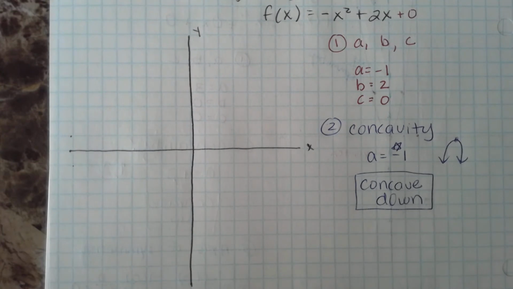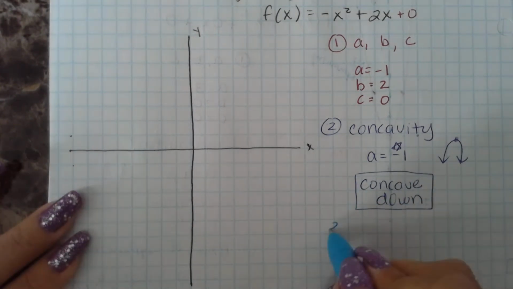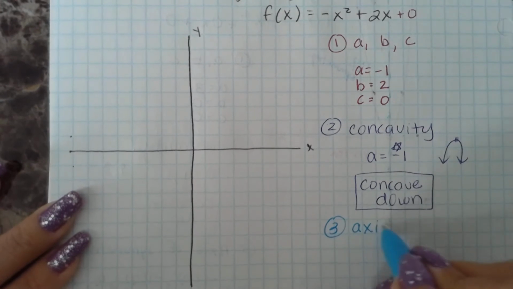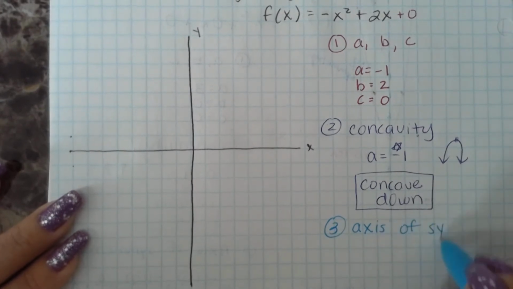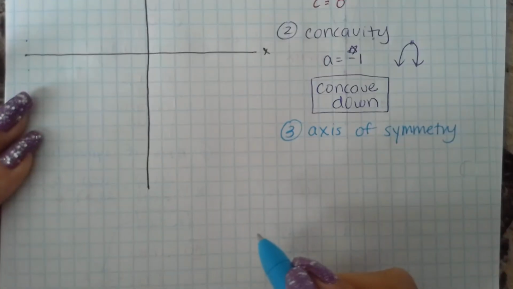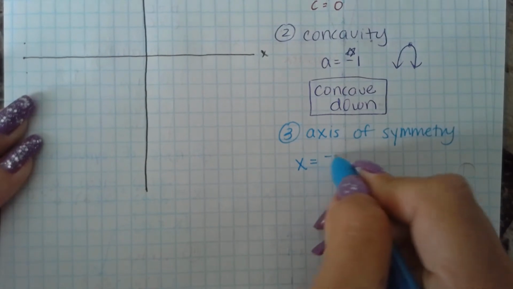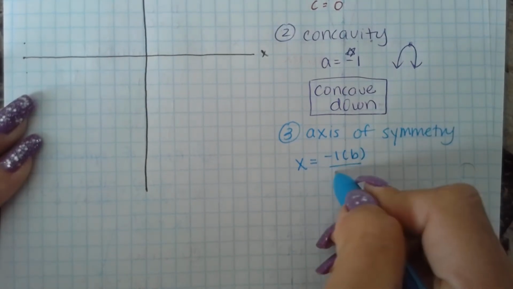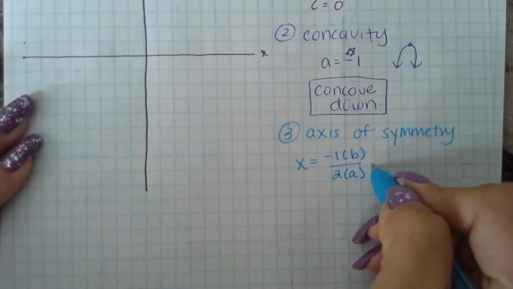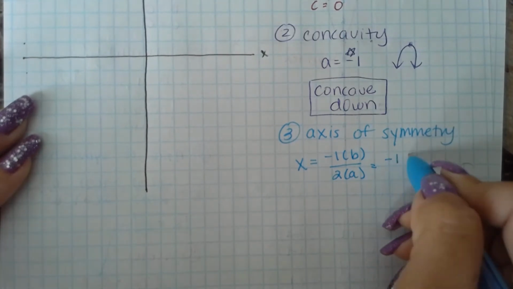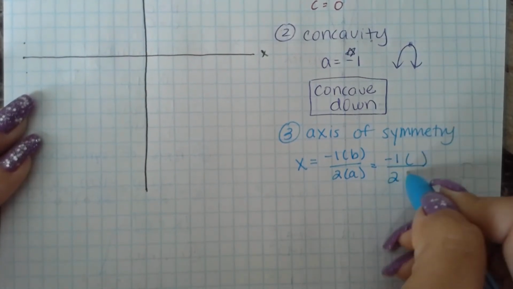Okay. Now, number 3, what we're going to find here is our axis of symmetry. Our formula for the axis of symmetry is x equals negative 1 times b over 2 times a. So it's going to be negative 1 times whatever b is over 2 times whatever a is.